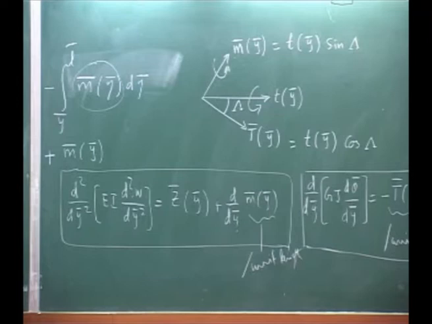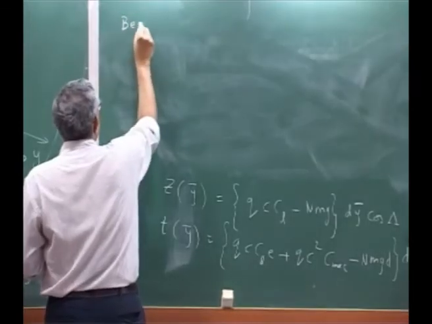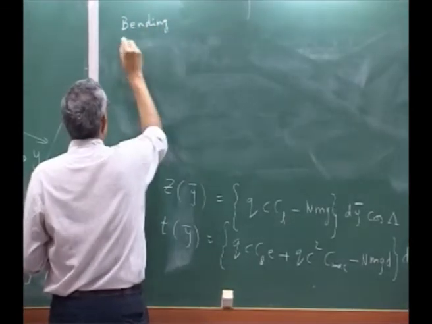Okay, now this is my complete equation. What I will do is I will write that equation here so that it becomes clear. So you will have your bending and torsion equation. This is the bending equation.